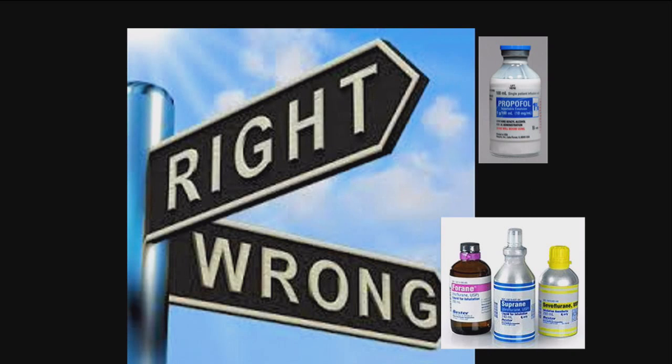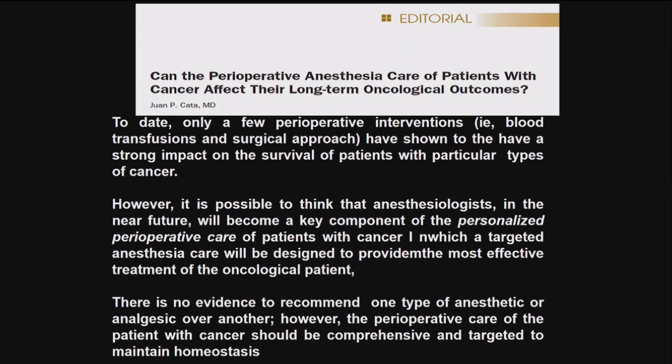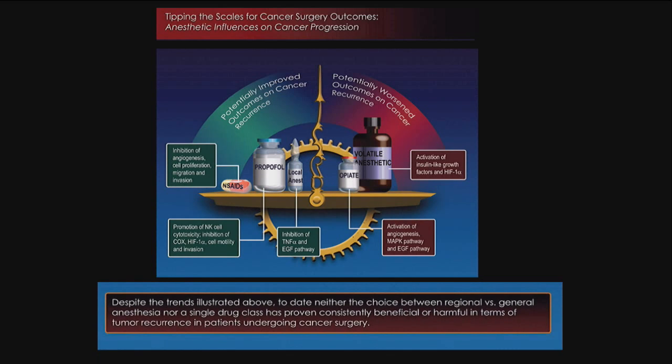So now we change. We say that propofol is right and inhaled anesthetics are wrong. However, the conclusion of this editorial that came out this month is that, to date, we cannot really conclude yet.